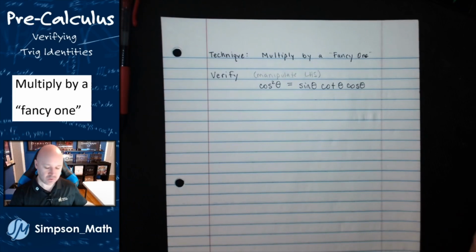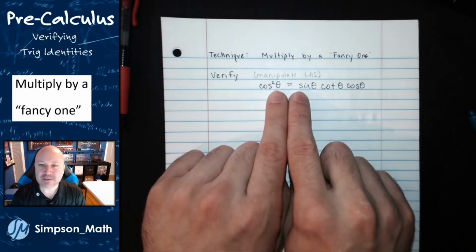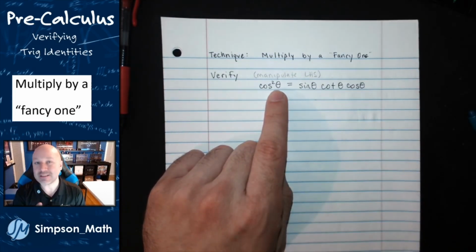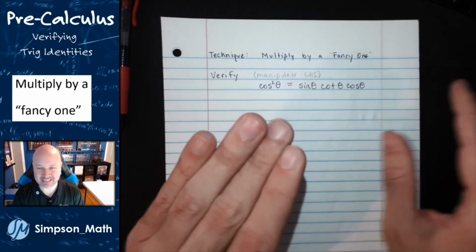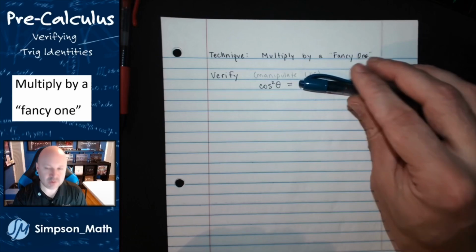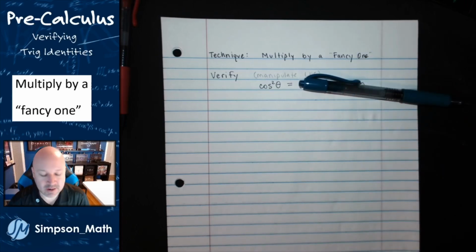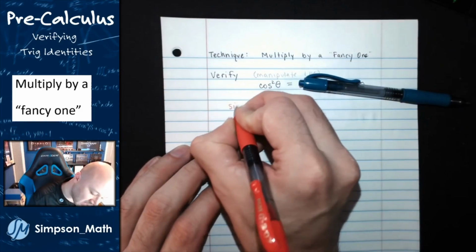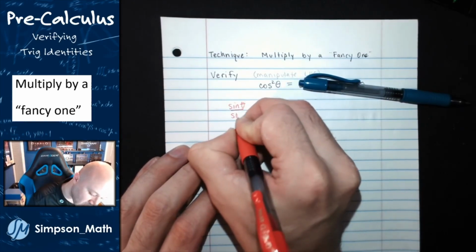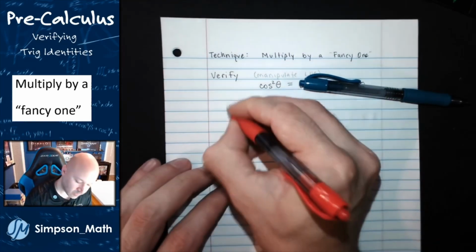Okay. So it's an equation. I'm not allowed to multiply both sides of the equation by sine. That is illegal. What I can do is multiply by 1. I'm going to multiply by a fancy 1. I'm going to multiply by sine over sine.